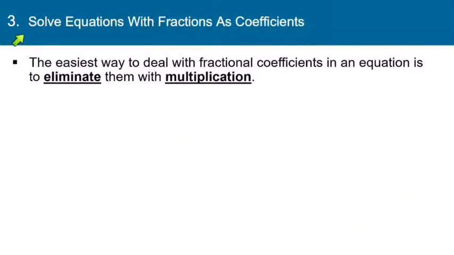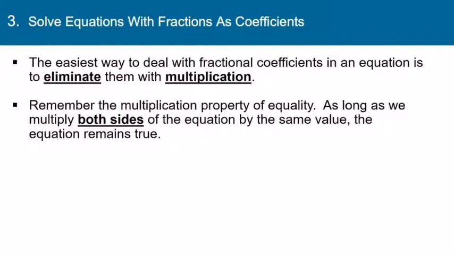Now we're going to go ahead to the next objective and talk about equations that have fractions as coefficients. The easiest way, believe it or not, to deal with fractional coefficients in an equation is to eliminate them completely with multiplication. So remember that we had the multiplication property of equality that said as long as we multiply both sides of an equation by the same value, the equation remains true.